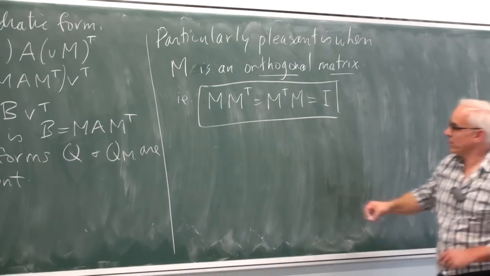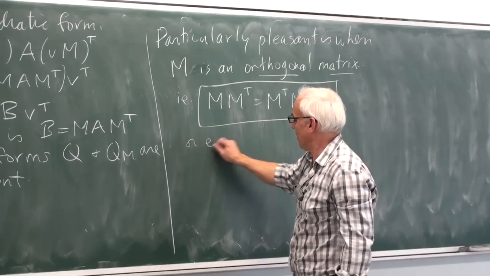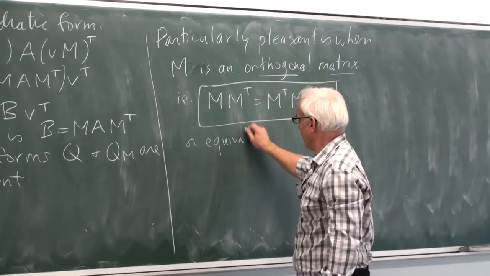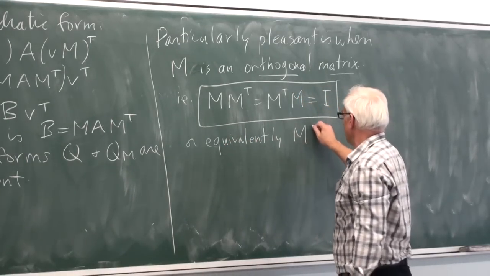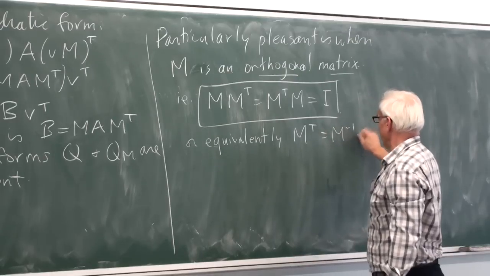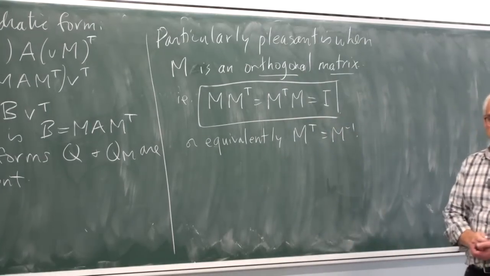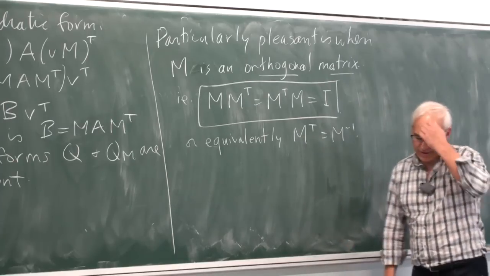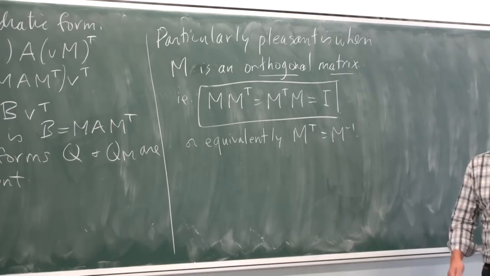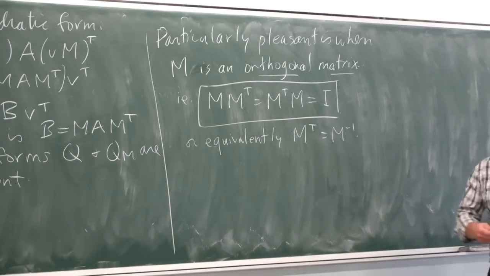Or another way of putting it, equivalently, when M transpose equals M inverse. So these orthogonal matrices, of course, are intimately connected with geometry because they're associated to linear transformations which preserve the metrical structure.